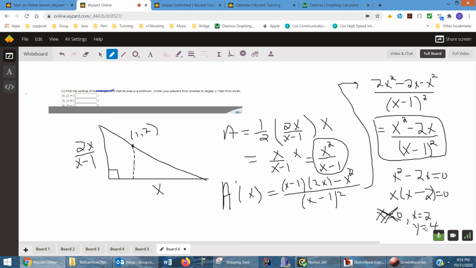And when x is 2, if I put 2 in for x in the formula for y, 2 times 2 is 4, 2 minus 1 is 1, 4 over 1 is 4, so the y value is 4. Now, the question is, what are the vertices of the triangle? Well, this is going to be 0, 0.